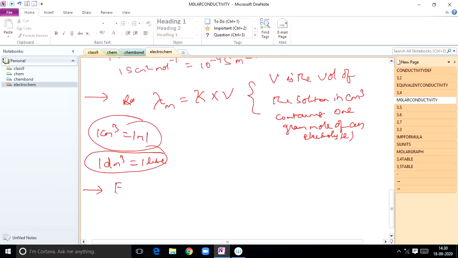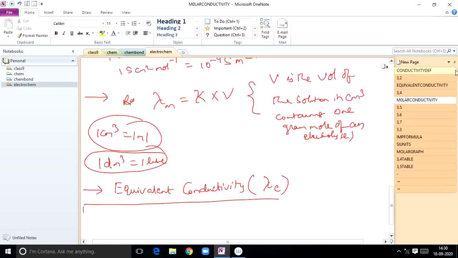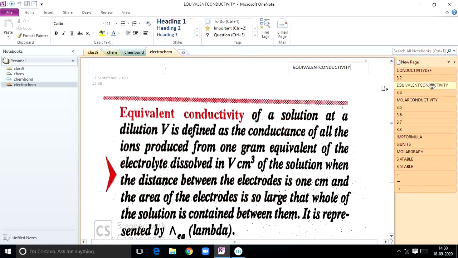Next important term we are going to discuss is equivalent conductivity or conductance. Equivalent conductivity is denoted by lambda E. What is meant by equivalent conductivity? See the definition once. Equivalent conductivity of a solution at a dilution V, that means at a given volume V, is defined as the conductance of all the ions produced from 1 gram equivalent of the electrolyte.